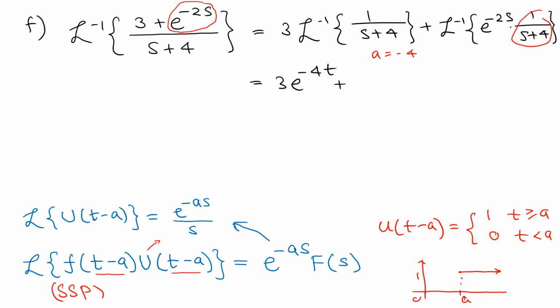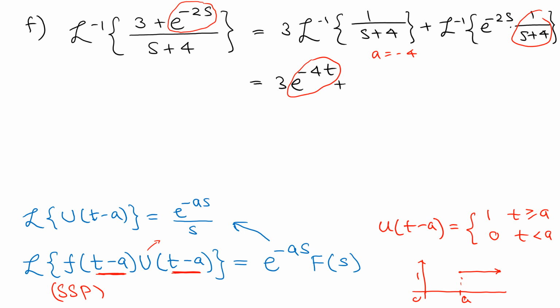What does the second shifting property say? You find the actual function, in this case e^(−4t), and you replace that t by t − a, and you also need to multiply by the extra u term.